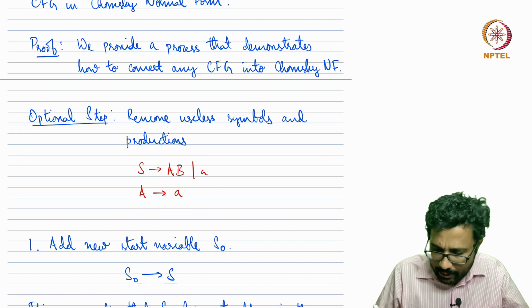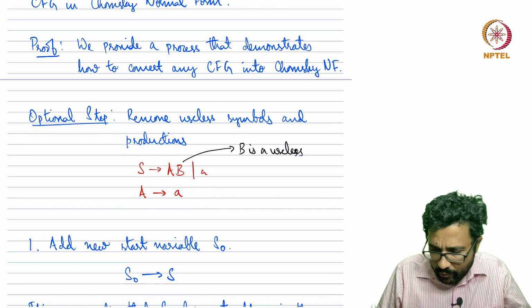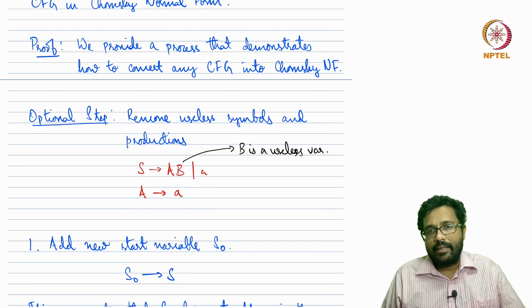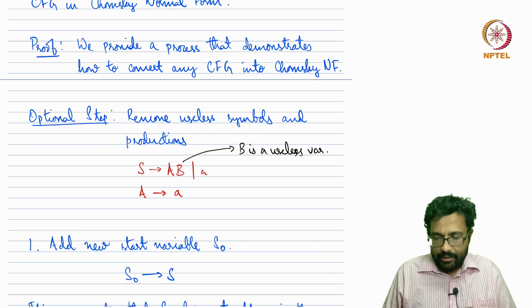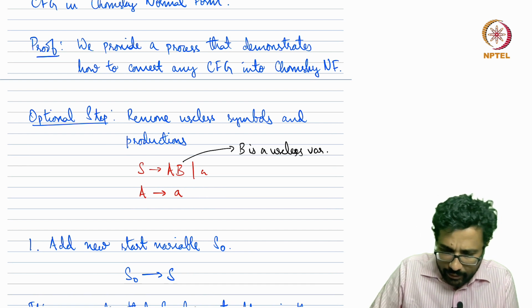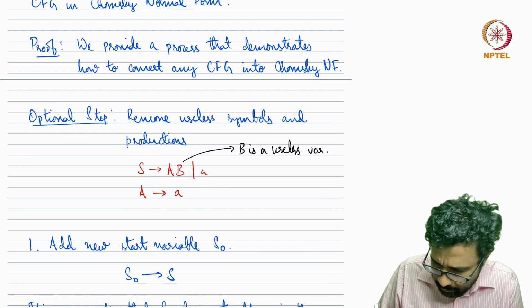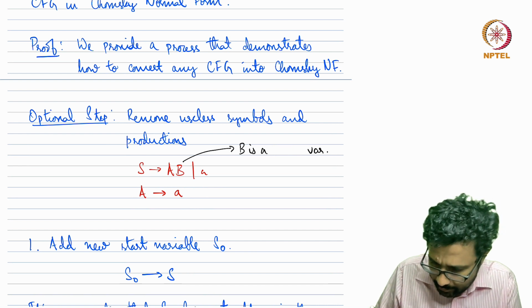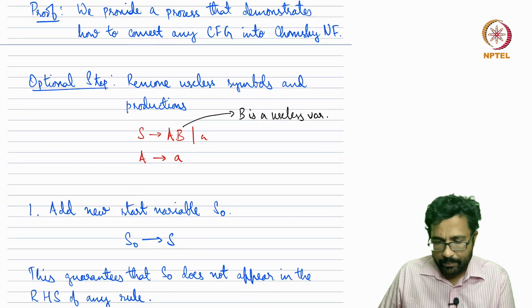B is a useless variable here, so we may as well remove the rule S gives AB. This is an example of a very simple grammar where there is a useless rule or useless variable. So the first step is to remove useless rules and variables. This is an optional step, not required for the rest of the process.